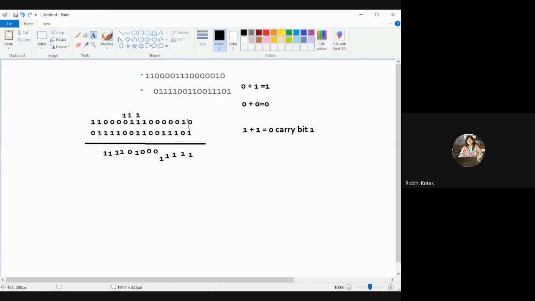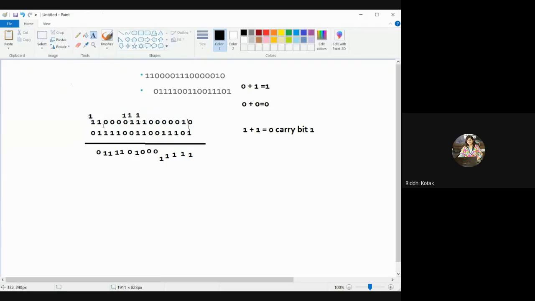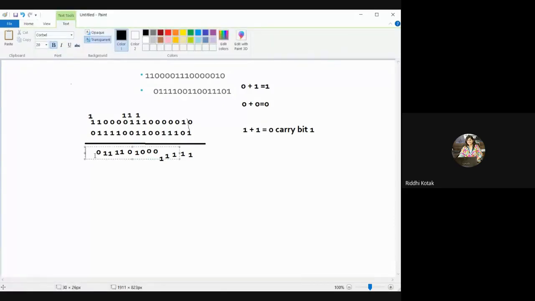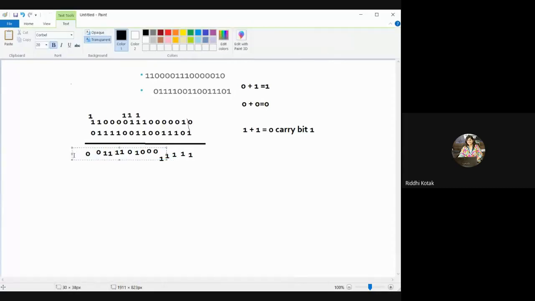Now 1 plus 1 is 0 and 1 carry bit is forwarded here. Now 1 plus 0 is 1 with the carry, and again a 1 carry bit. So 1 plus 1 here is 0 and a 1 carry bit comes over here.